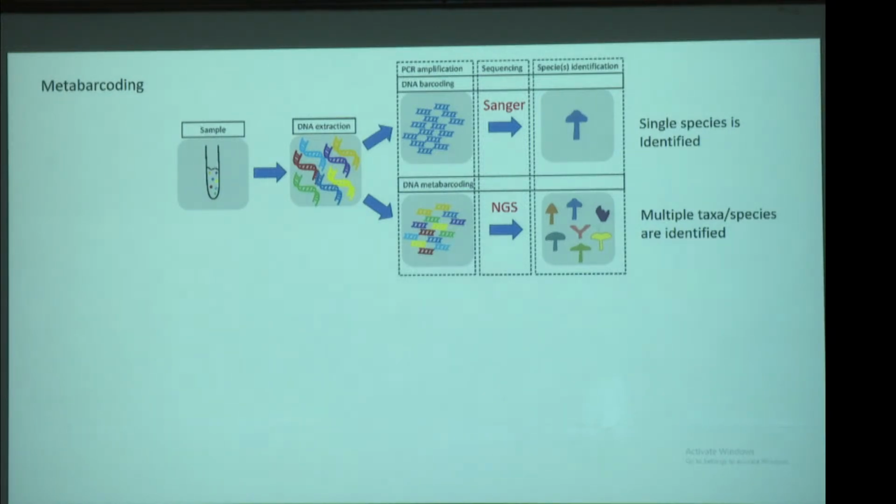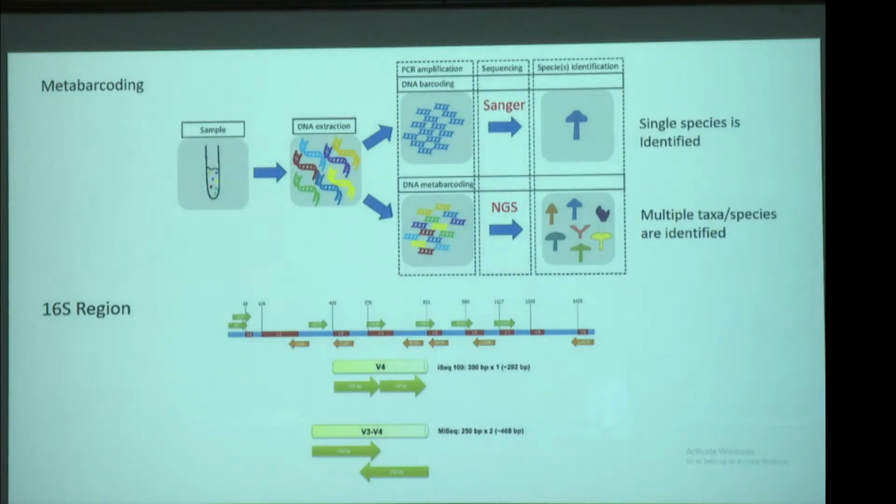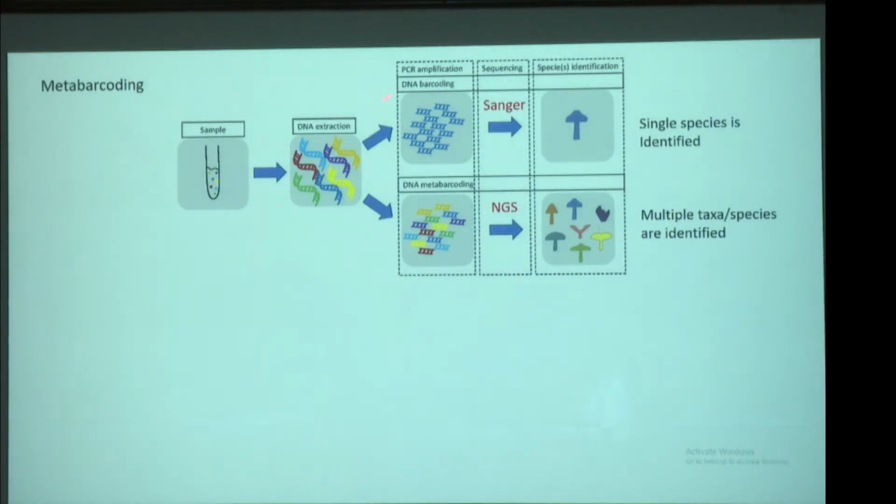You can see the pointer, right? In barcoding, during PCR amplification, only one gene from one species is amplified. But here, the same gene from different organisms is amplified, and these amplified products are sent for sequencing.